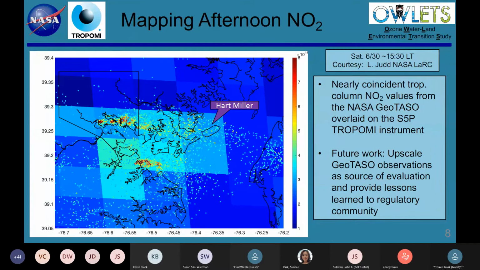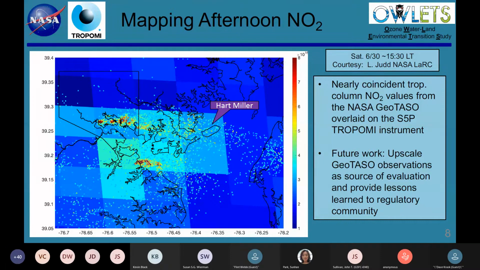So this wouldn't be a NASA presentation without trying to link some of this to the satellite perspective. The gridded pattern here is actually nitrogen dioxide columns from the European TROPOMI satellite on board the Sentinel-5P. Those are about 7 kilometer square grids, boxes.